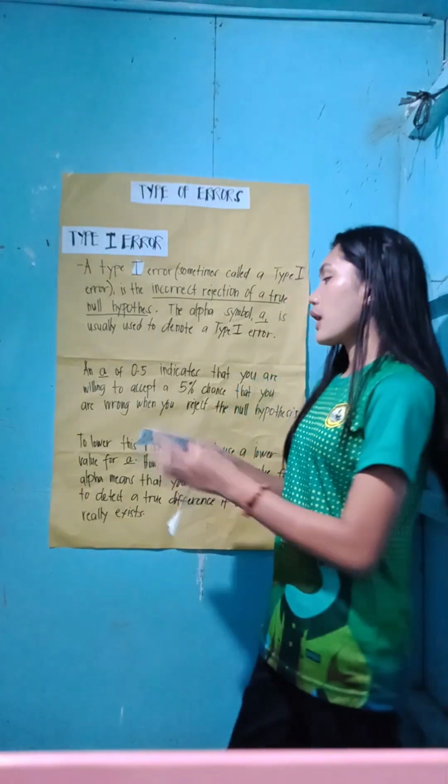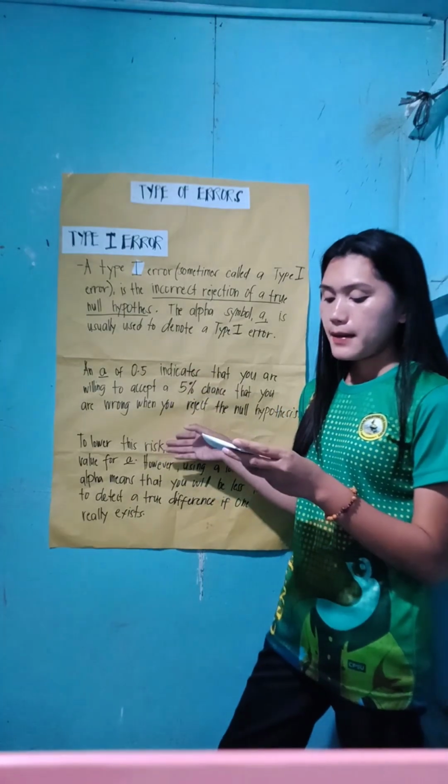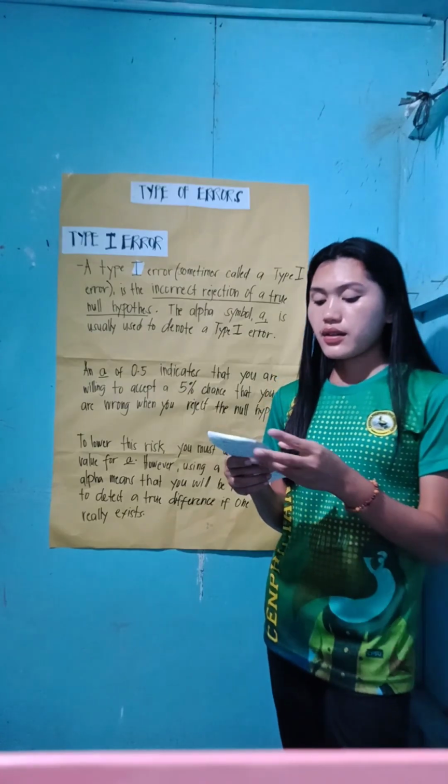So, controlling a type 1 error. The probability of making a type 1 error is denoted by A or alpha, also known as the significance level. Researchers typically set alpha at 0.05, meaning there is a risk of 5% of incorrectly rejecting a true null hypothesis.